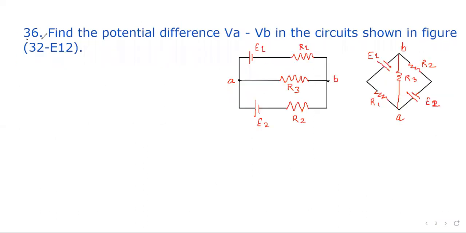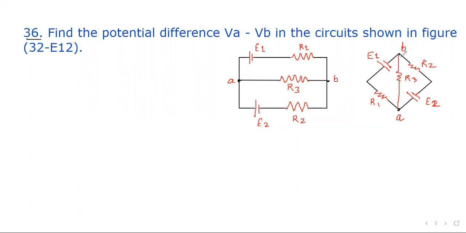Now, let's take question number 36. We have to find out VA minus VB. This battery is E1, this battery is E2, and the same figure is shown the other way around, so both figures are equivalent. E1 along with the resistance R1, E2 along with the resistance R2, and this is R3 resistance.